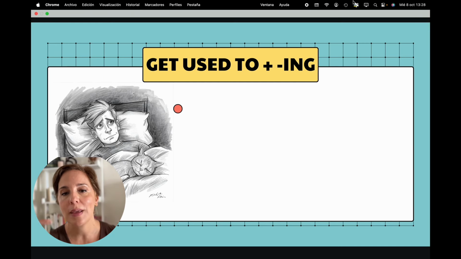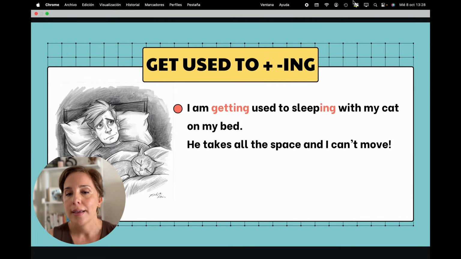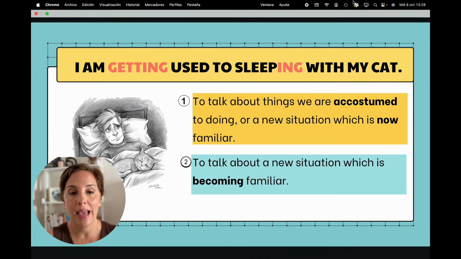So if we had to make a sentence with get used to plus ing, you could say, I am getting used to sleeping with my cat on my bed, but he takes all the space and I can't move, okay? So this structure, the meaning again for the structure get used to something or get used to doing something is to talk about a situation that is becoming familiar.